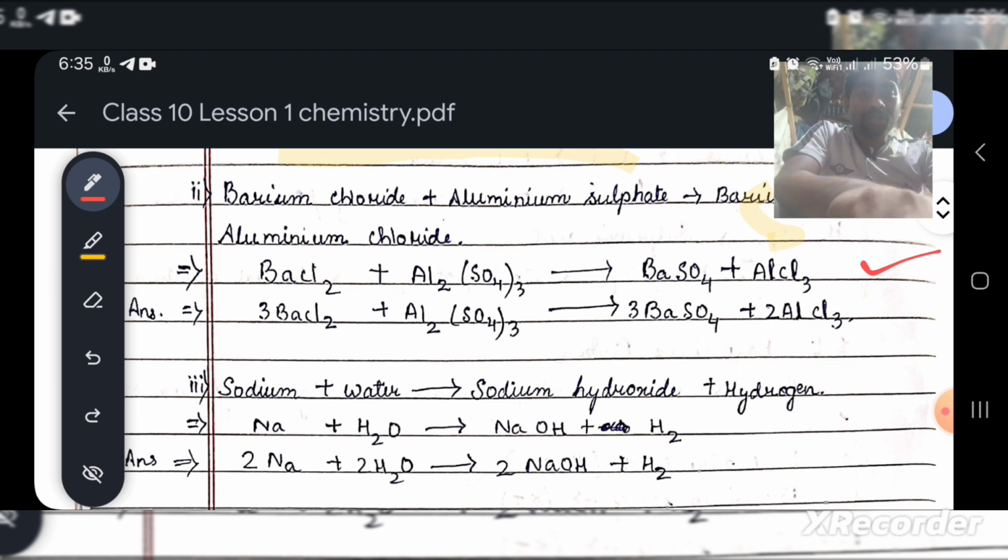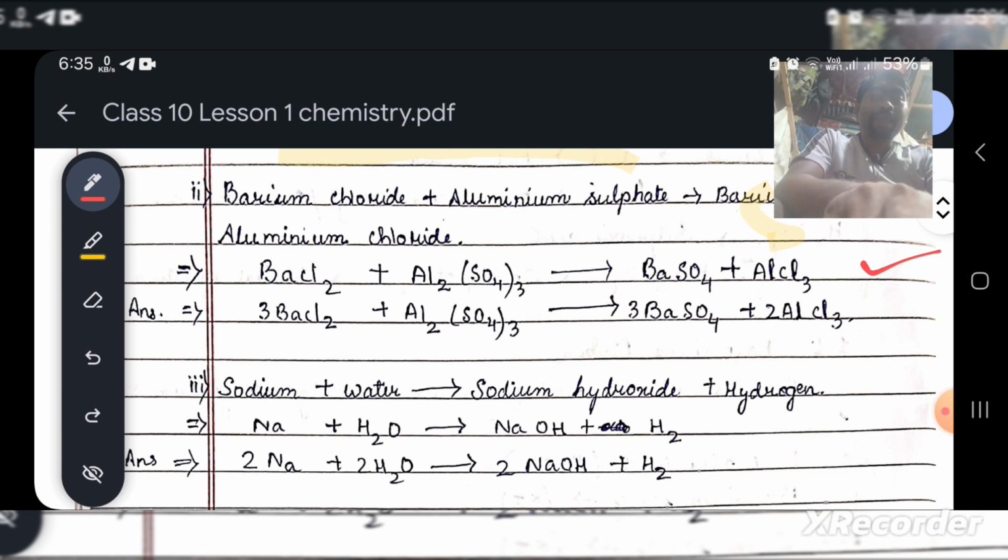We have seen that in the chlorine there is 2 and there is 3. Both are not divisible by each other. So what will we do? We will cross multiply. We will take this 3 from the chlorine of the product side and put it before BaCl2, so it will be 3BaCl2.